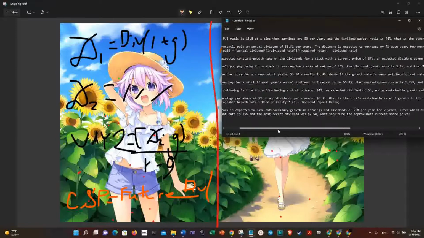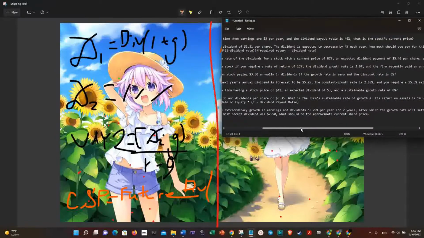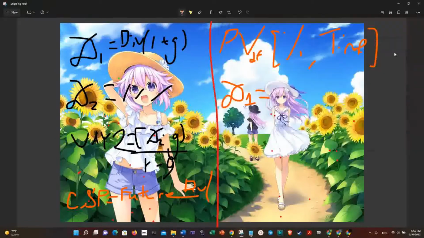Now that we know that we can do this. It'll be 2.5 multiplied by, since it is 20%, 1 plus 0.2. The 0.2 is the 20%, and that will give us 3. So that is our D1.